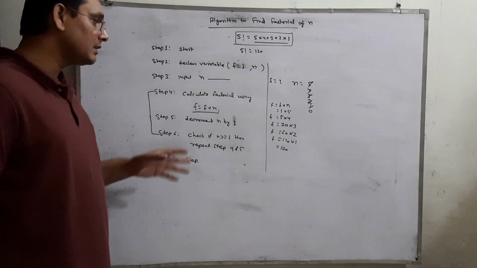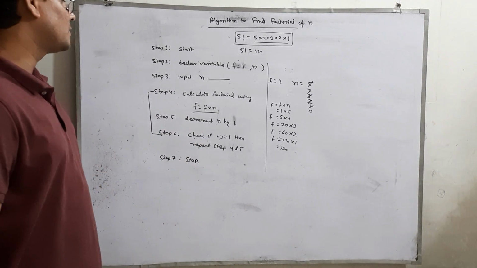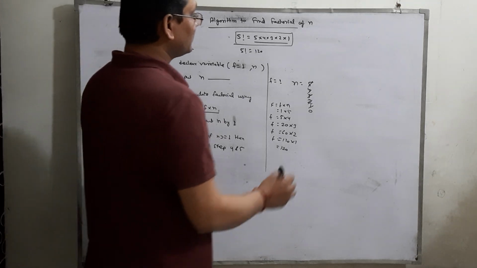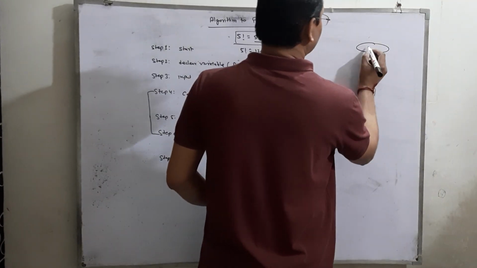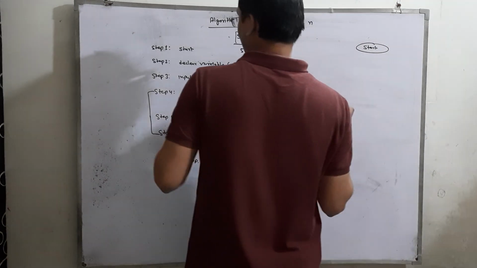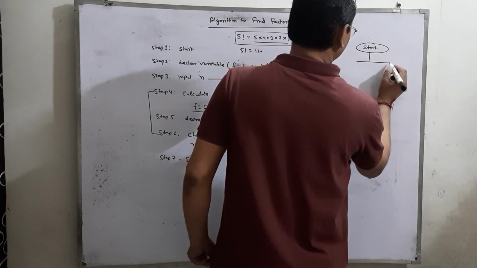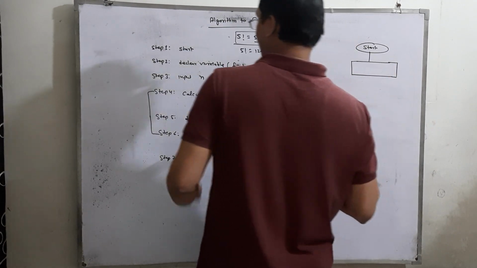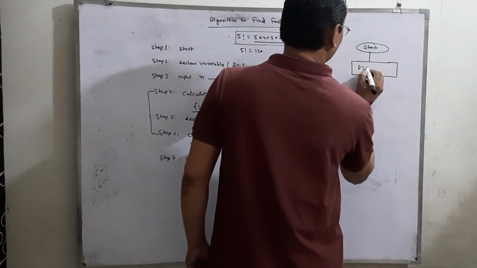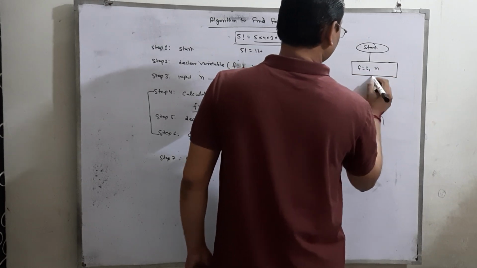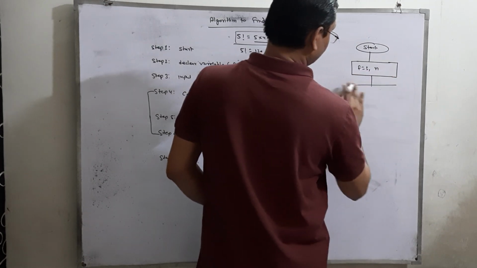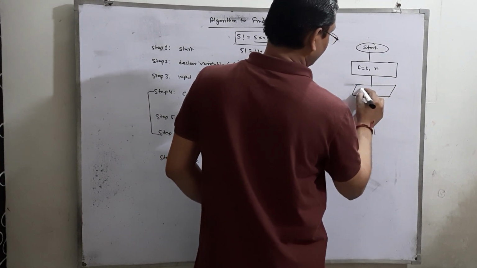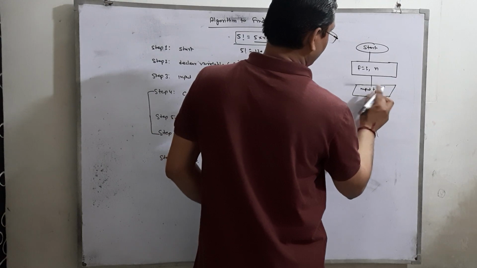Just take it, learn it, try to write your own programs and flowcharts also. See the flowchart of this one. Start, declare a variable, that is f is equal to 1, and input n.